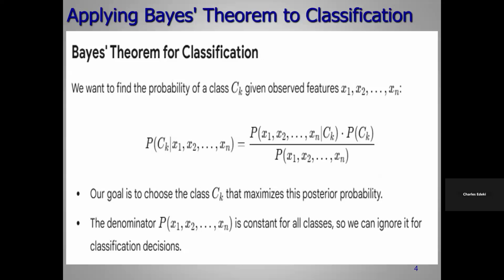Anytime we are classifying a new instance, we have to calculate the probability of C_k given S1 to Sn for each possible class C_k. C_k can be a number of classes, C1, C2, etc. Then we choose the class that yields the highest posterior probability, as we said earlier.